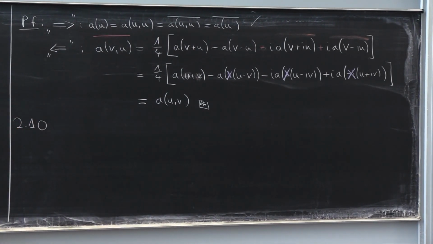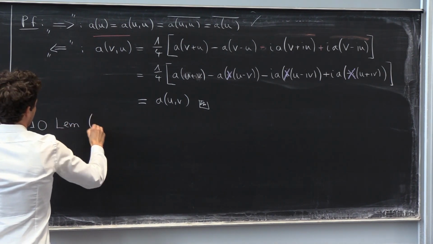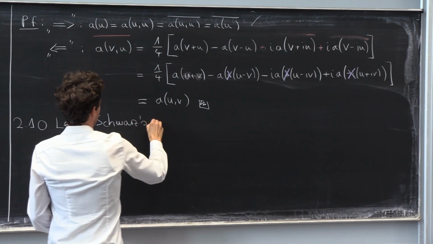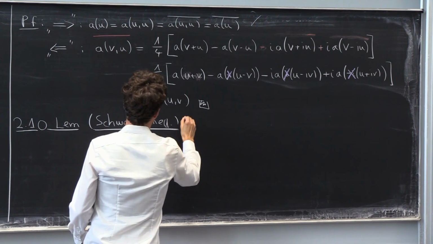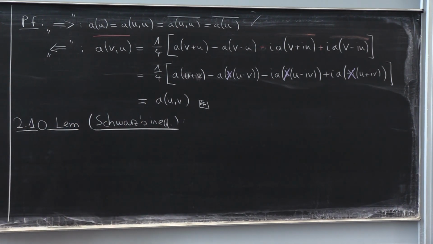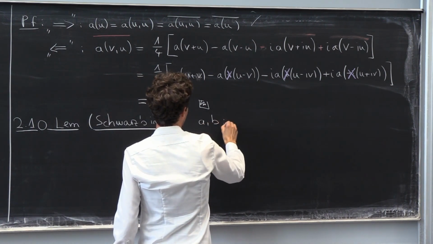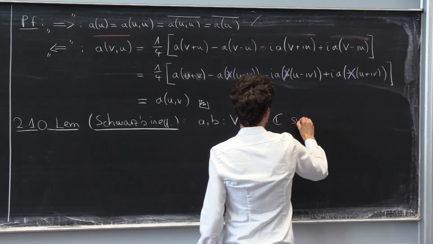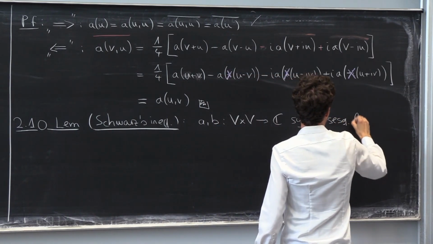So I want to do one more result before I end the lecture. This is going to be Schwarz's inequality. Okay, and Schwarz's inequality is as follows. I assume that A and B, these two guys, are symmetric sesquilinear forms.